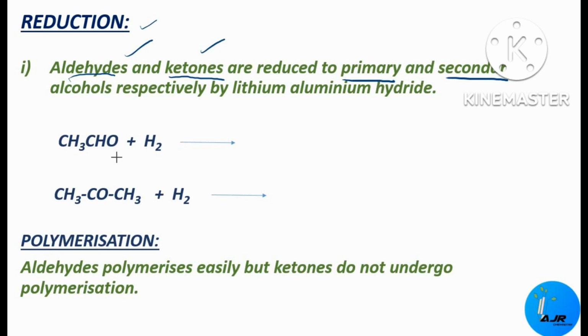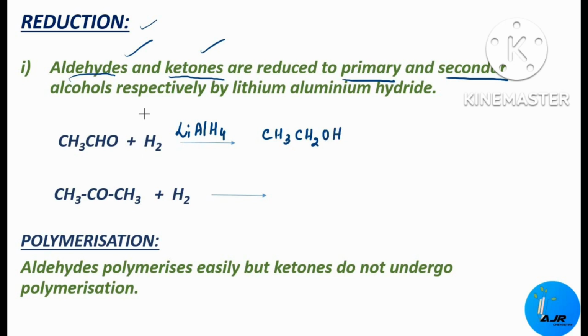Okay, so let us see what is happening here. I have taken acetaldehyde, CH3CHO, and it is reduced in the presence of lithium aluminum hydride. When it is reduced, it forms ethanol, CH3CH2OH.